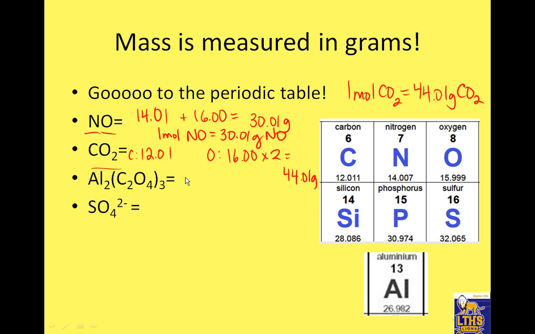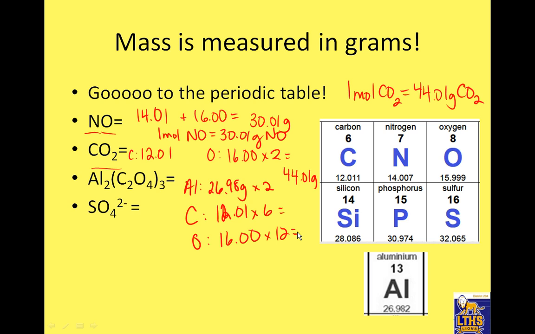Aluminum oxalate, wowzers. So we would say aluminum has a mass of 26.98 grams, and there are 2 of those. Carbon, be careful, there are 2 in oxalate, but there are 3 oxalates, so we have 12.01 times 6. And then oxygen, there's 16.00, and there are actually 12 oxygens in this compound.